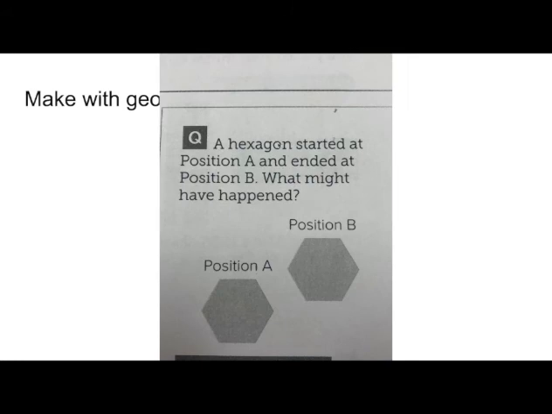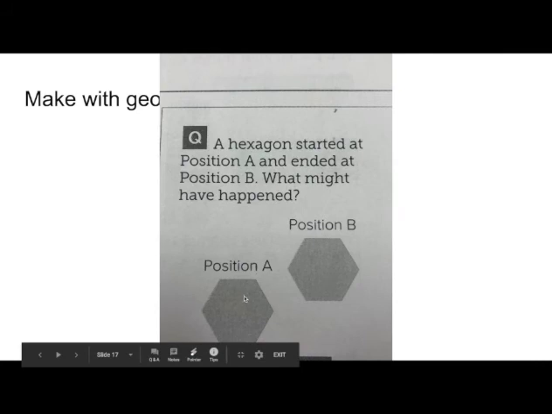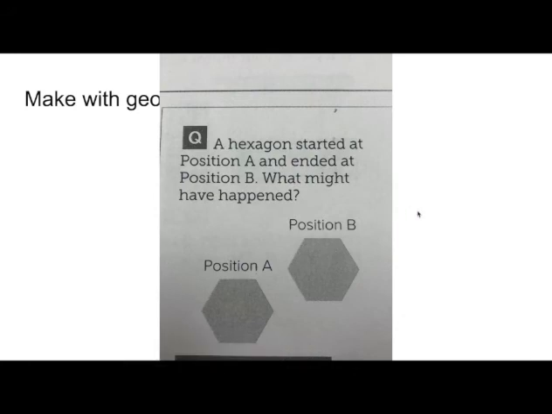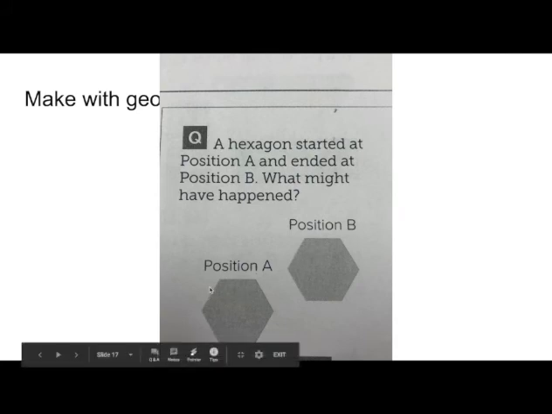The hexagon started at position A, ended at position B. What might have happened to make this shape end up over here? Doesn't look like the shape could have rotated because this point looks the same.